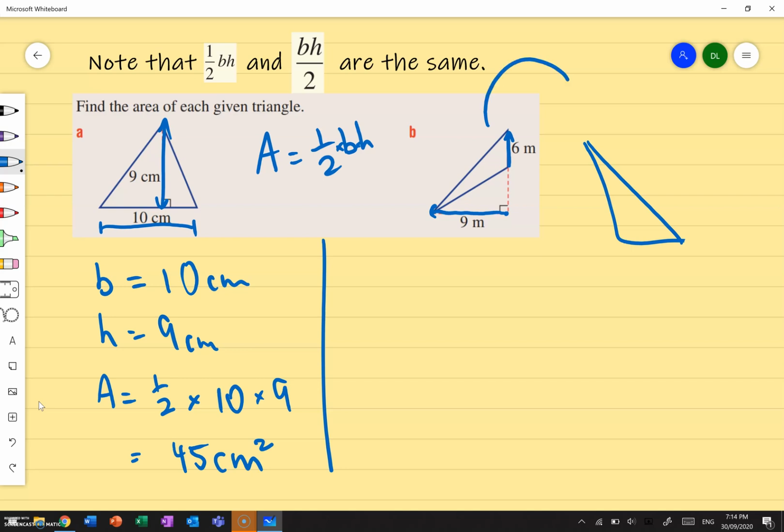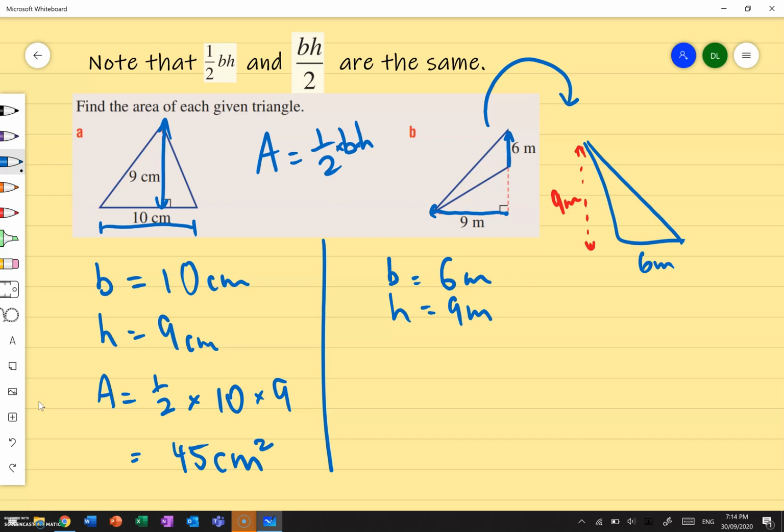I'm going to rotate our triangle this way, so that this is 6 meters, and from here, let's use a different color, from there to there is 9 meters. Now I can say that my base is 6 meters. I know my height is 9 meters.